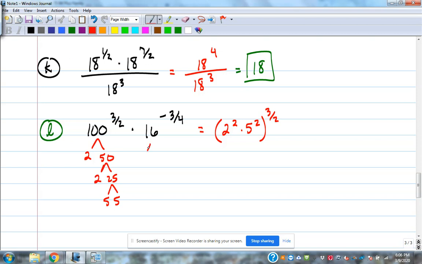And then the 16 we know is 8 times 2, right? 4 and 2, 2 and 2. So it's 2 to the 4th power to the negative 3/4.